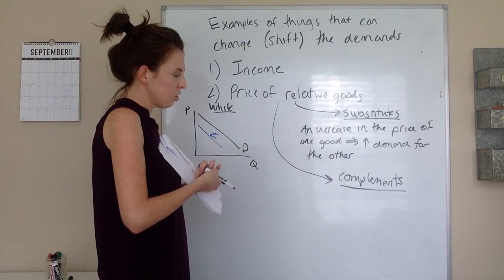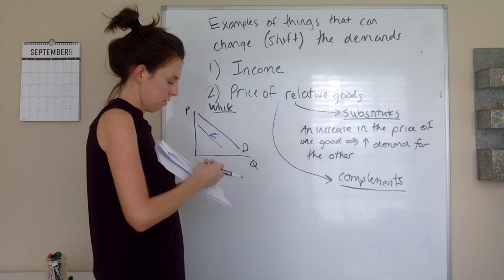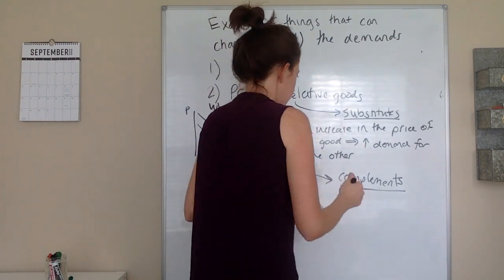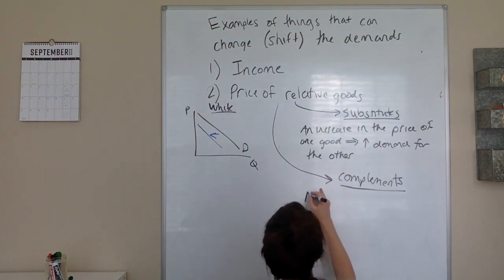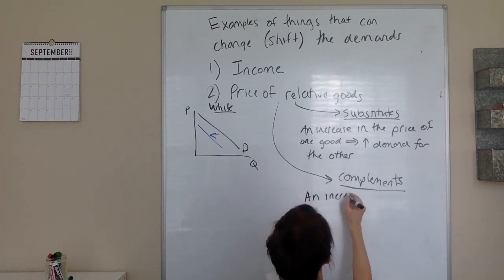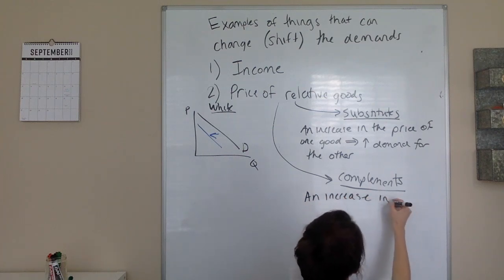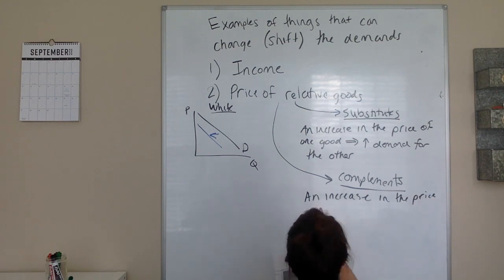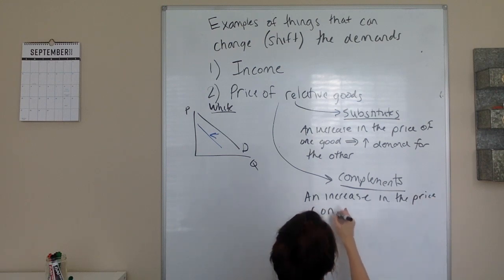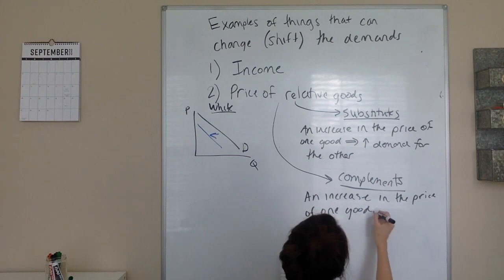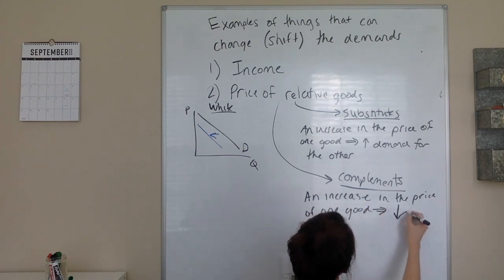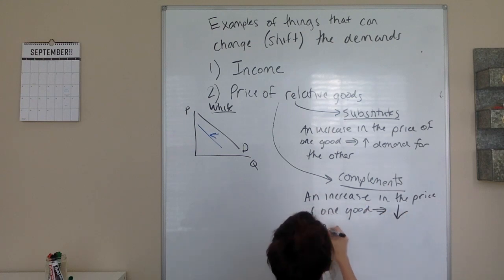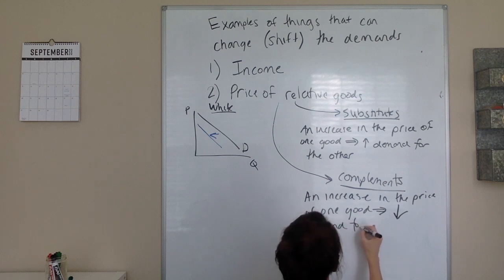Okay, you can think about how this works with changes in the demand. So when we're thinking about two goods that are complements, then an increase in the price of one good is going to lead to now a decrease in the demand for the other.